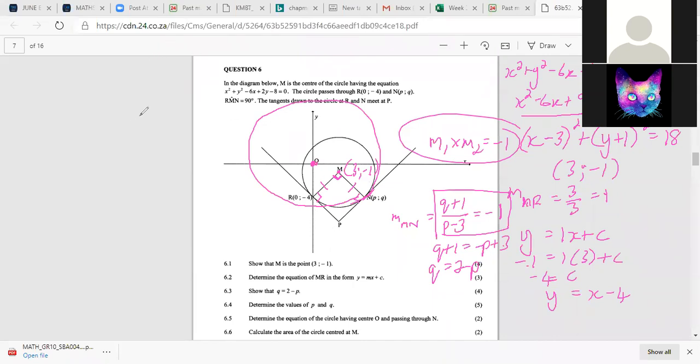So x minus 0 squared because it's 0, 0, right? Plus y minus 0 squared equals the radius squared. So x squared plus y squared equals r squared. All we need is the radius, right? How could we possibly find that radius?